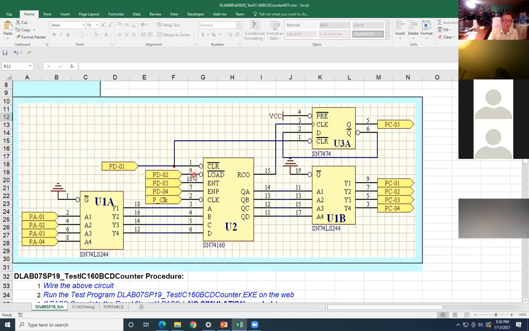Normally if you don't want load, then you can put a 1, but I said clear has higher priority. It overrides the load. Correct. Load 0 or 1 doesn't matter. Mhm.